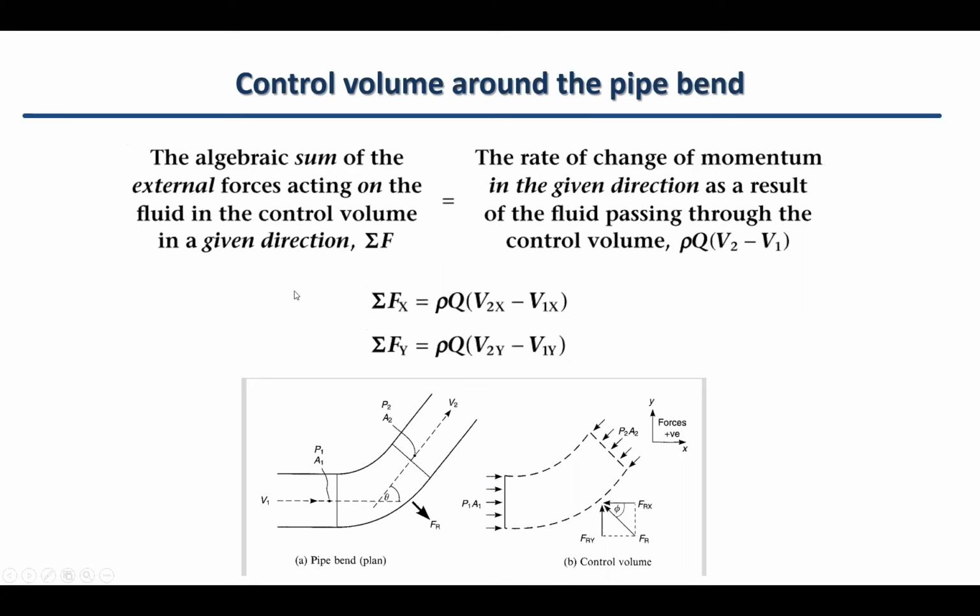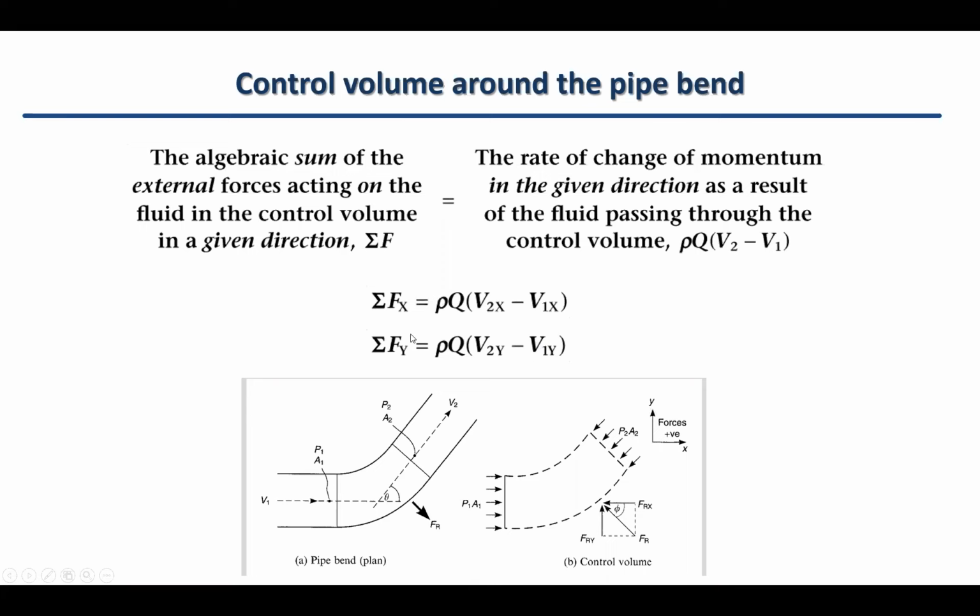Let's look at the algebraic forces. On the left hand side, we write the sum of Fx in the X direction, equal to the change of the momentum on the right hand side: rho Q times (v2x minus v1x), the components of the velocities in the x direction.